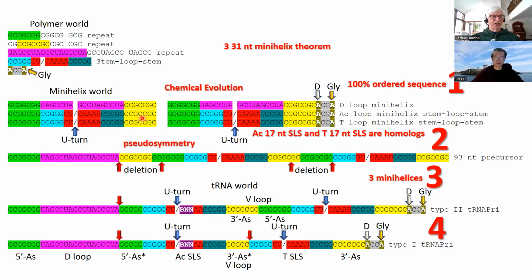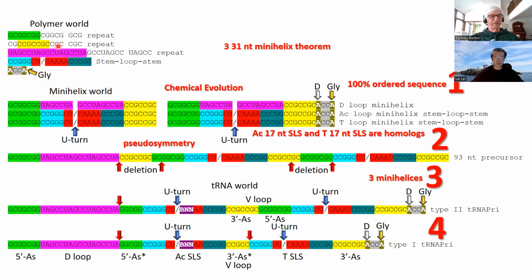So mini-helix world pretty clearly came from polymer world, where you have the same repeats and inverted repeats. And God knows what else. Okay, you had other things too. But this is a primitive system to synthesize polyglycine. And mini-helix world is an improved method to synthesize polyglycine.